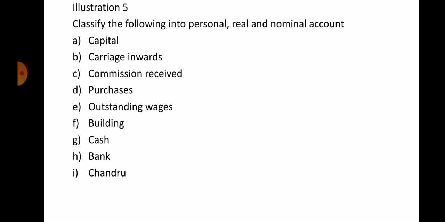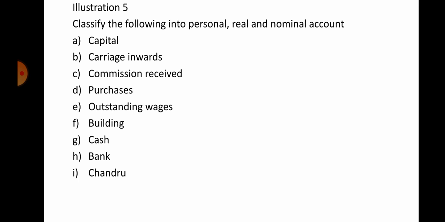Okay. Purchases. Purchases is also a nominal account. Purchases means we are purchasing some goods for the purpose of selling. Okay. Then outstanding wages. Outstanding wages is a representative personal account.